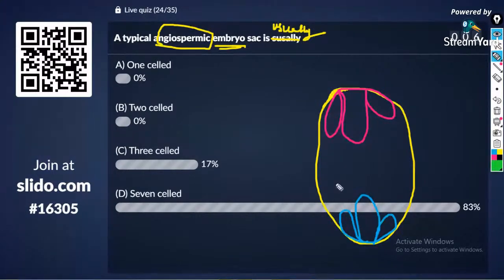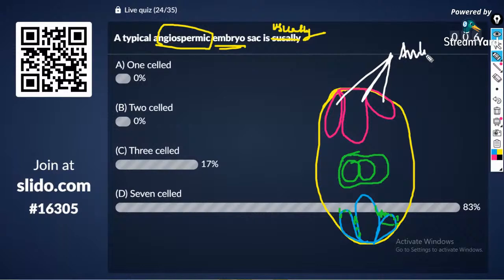Then in the center, you have 2 cells clubbed together, and here you have the filiform apparatus. Telling everything correctly, right? Guys, these are the antipodal cells.